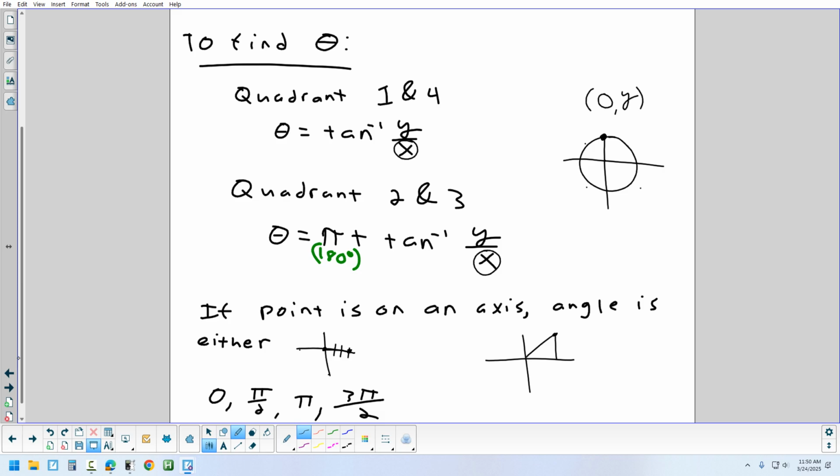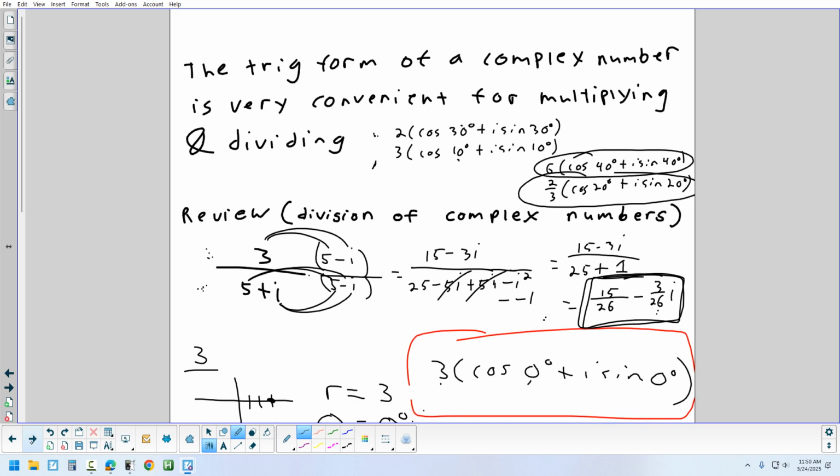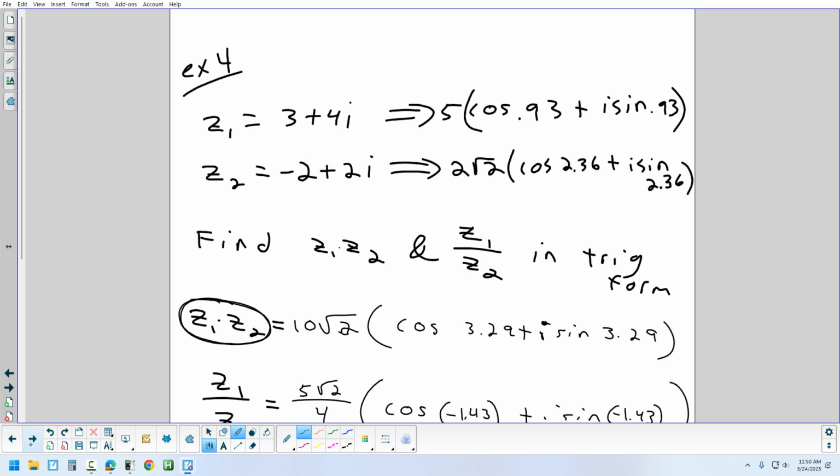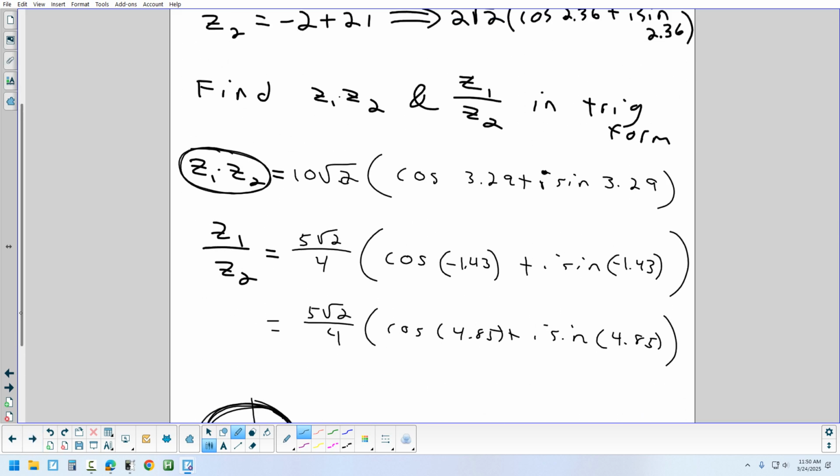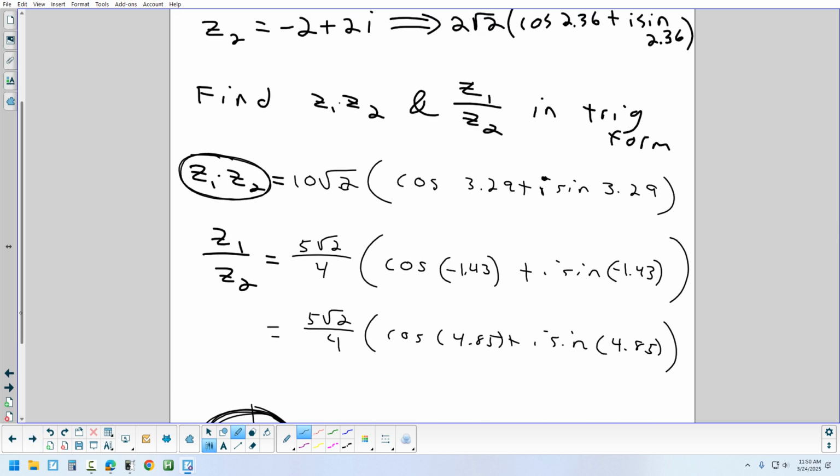This is when we added 180 today. Any question on that one? Okay. So that's how you can multiply and divide complex numbers in trig form.